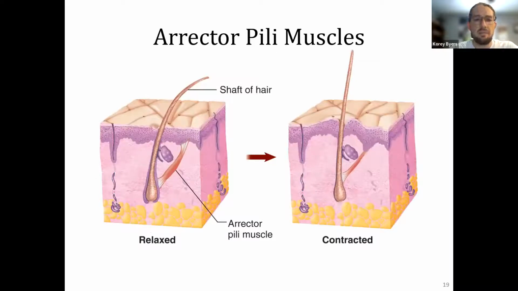And so the erector pili muscle is this muscle right below on the hair follicle that pulls based on fear, temperature changes or what have you, and causes goosebumps, causes the hair to stand on end. It's what gives you the feeling of prickling on the back of your neck, right? It's just this response that we still have. It doesn't hurt anything, so it doesn't necessarily give us anything either.